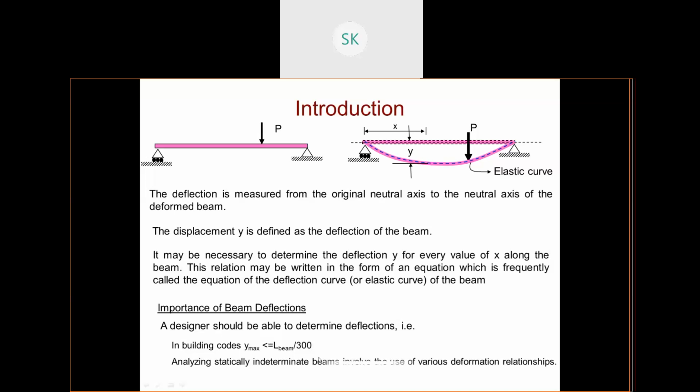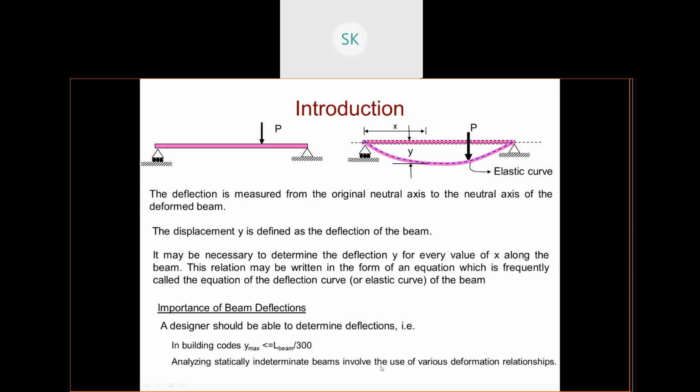The building code says that your deflection should be L by 300. This is the formula given by the IS code: your deflection should be less than L, the length of the beam, divided by 300. Suppose you have been given the length of the beam as 8 meter. So 8 meter divided by 300. Your deflection should be less than that value.